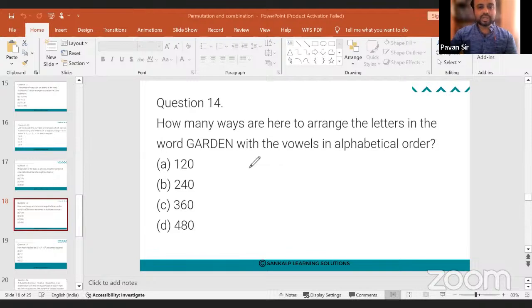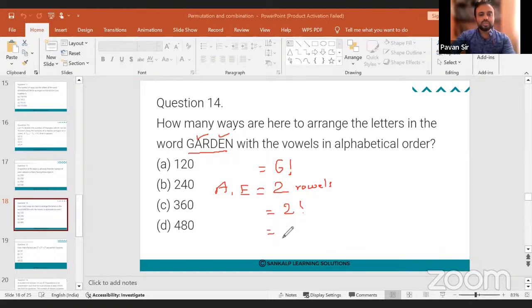If all are arranged in any order in the word GARDEN, it will be 6 factorial, irrespective of vowels. How many vowels are there? A is a vowel and E is a vowel, so a total of 2 vowels are present. The 2 vowels can be arranged in 2 factorial ways.